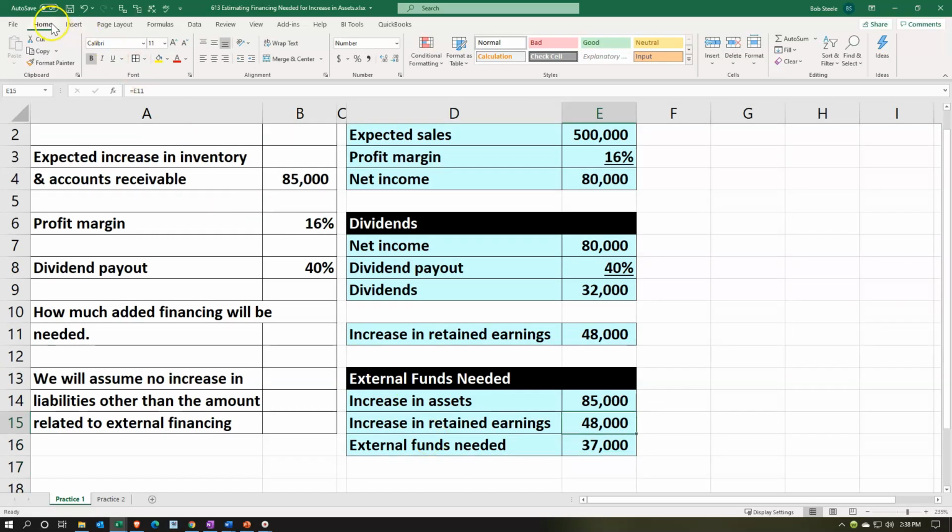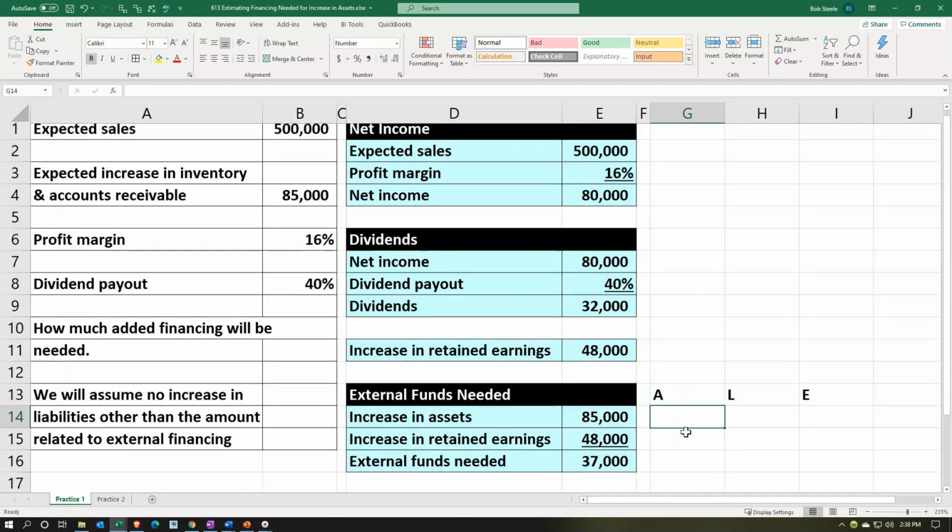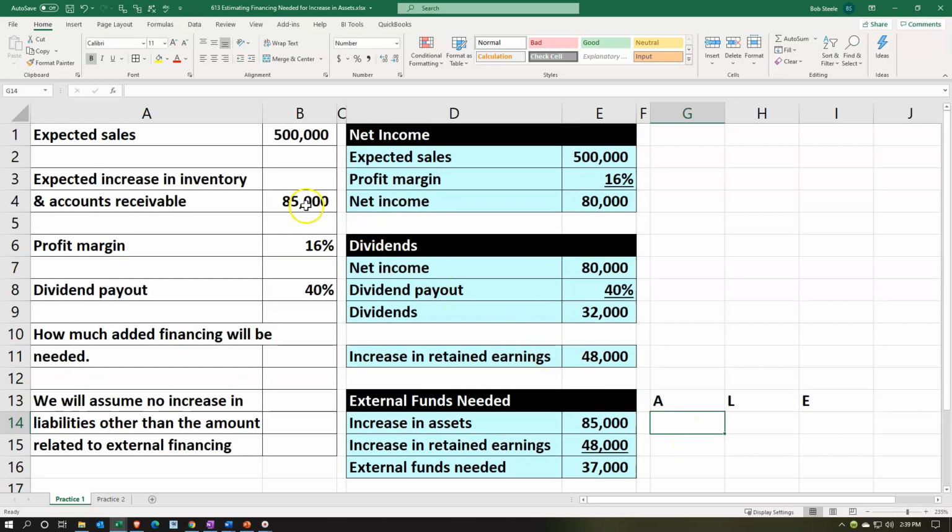Let's put an underline here, home tab, font group, and underline. Notice you can think about this as basically the accounting equation here. We got assets equal liabilities plus equity. And we think that the assets are going to be increasing by the 85,000. How are we going to finance that?